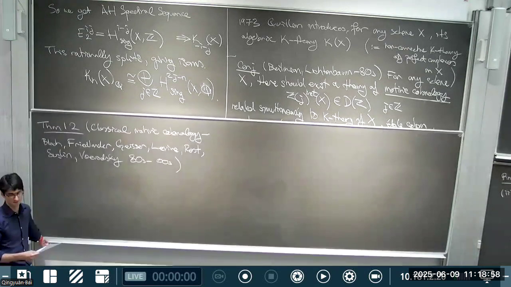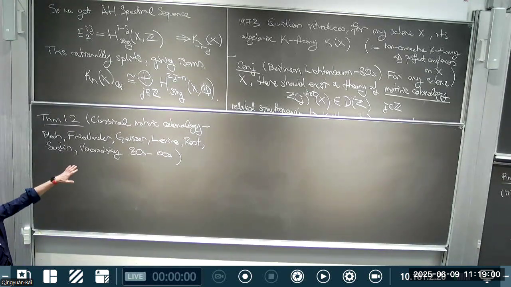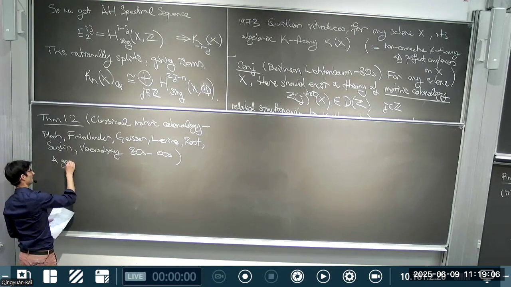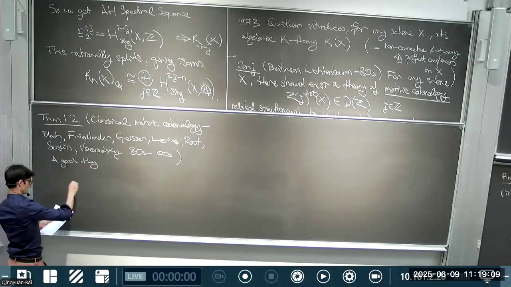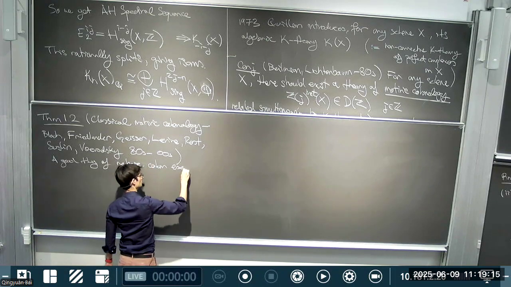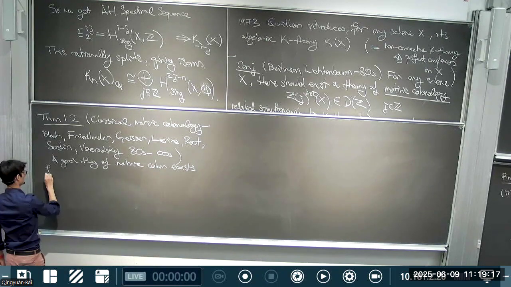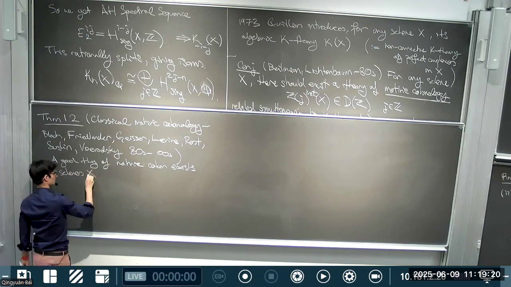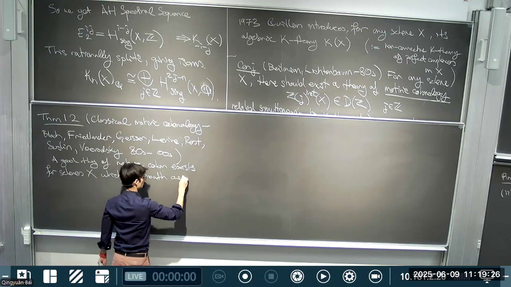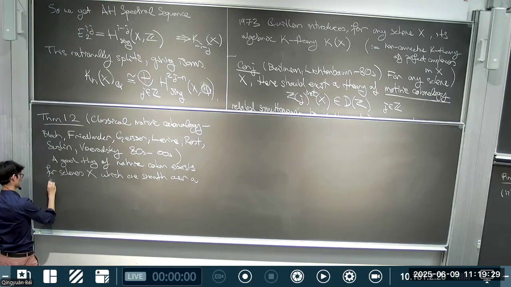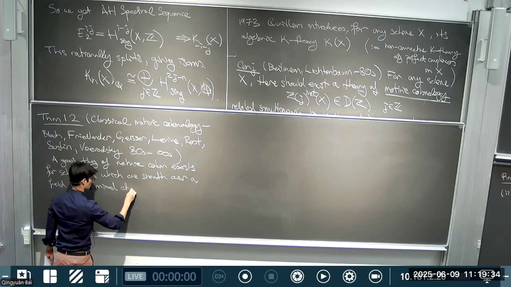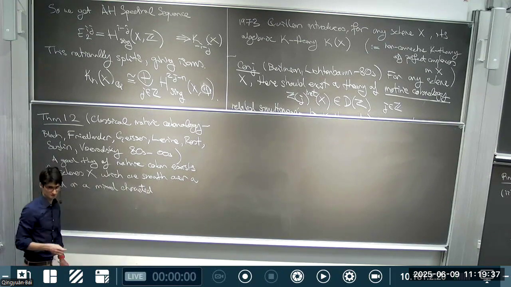And it says essentially that the good theory of motivic cohomology, as envisioned by Beilinson and Lichtenbaum, exists in the smooth case. Let me say, a good theory of motivic cohomology exists for schemes X which are smooth either over some field or over something like the ring of integers of a number field.